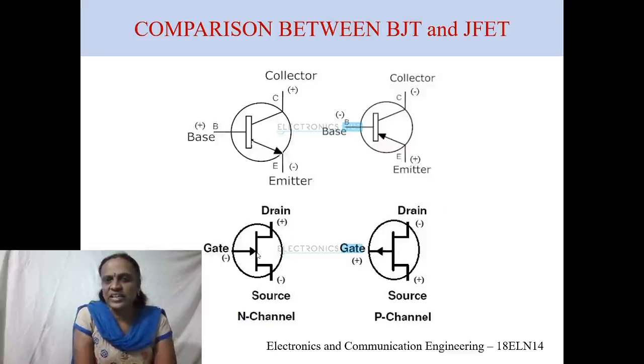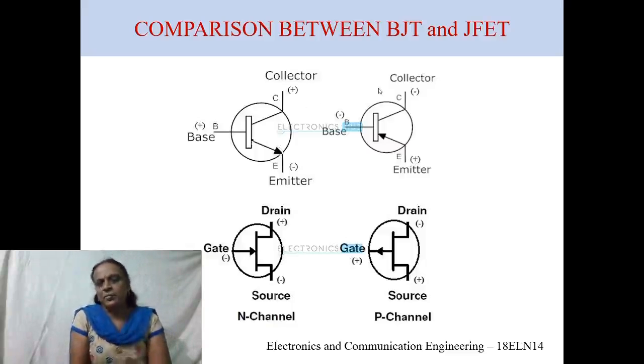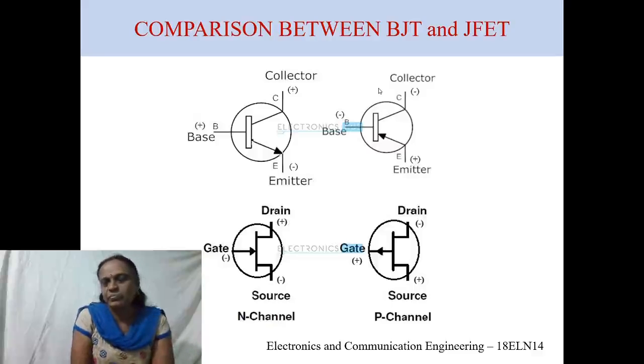The differentiation between the N and P type channel in a JFET is with respect to the gate, where the arrow mark you can observe here is going inside, and here it is coming out. Similarly, we had already compared NPN and PNP with respect to the BJT. So this is an NPN type of transistor, whereas this is a PNP type of transistor.